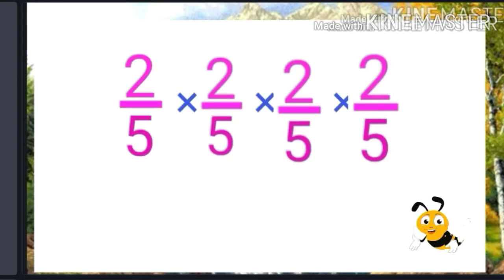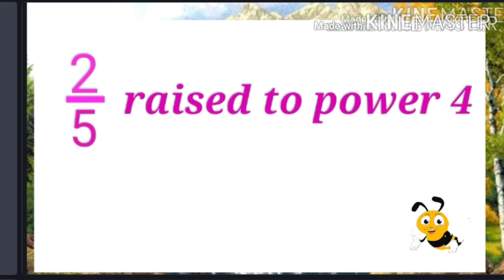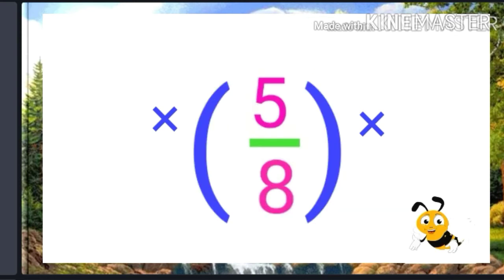What do you say to 2/5 when it is multiplied by itself 4 times?